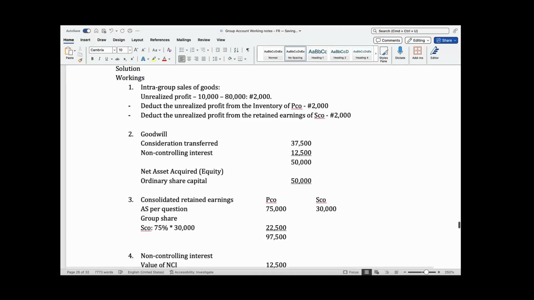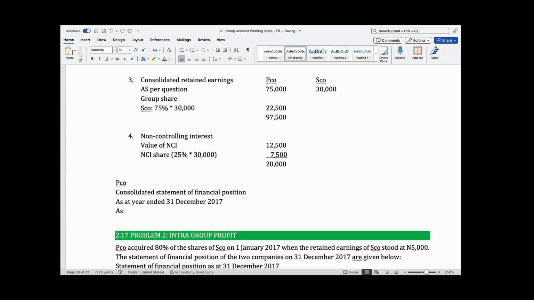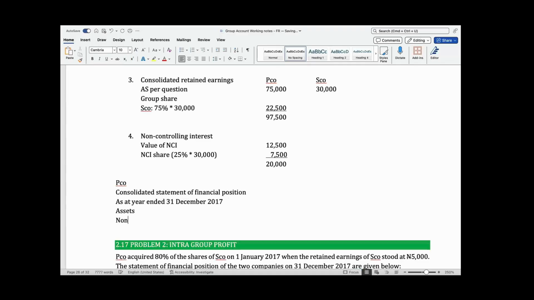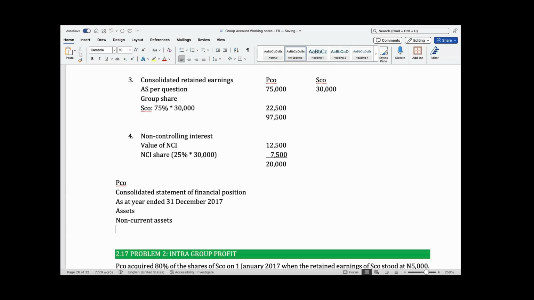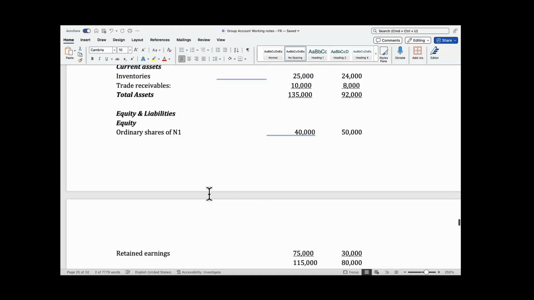What's the year end? 31st December. What was the first item here? The two gives me 122,500.